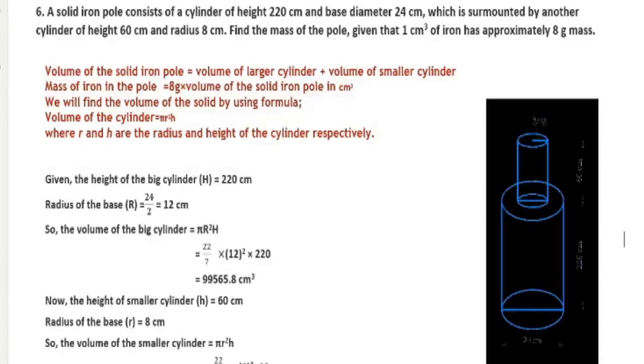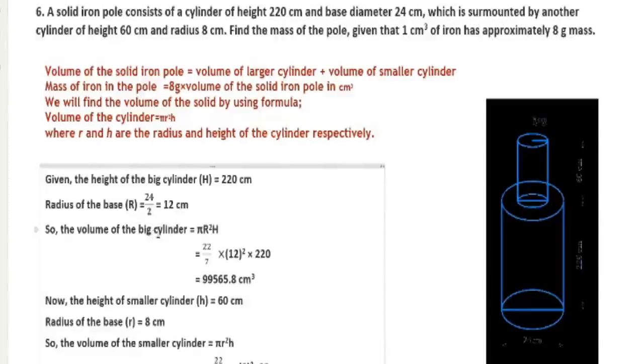We can use the formula of a cylinder. The volume of a cylinder is equal to pi r square h, where r and h are the radius and height of the cylinder respectively. So first we will find the volume of the big cylinder. Given that the height of the big cylinder is equal to 220 centimeter and the radius is equal to 24 by 2, that is 12 centimeter.